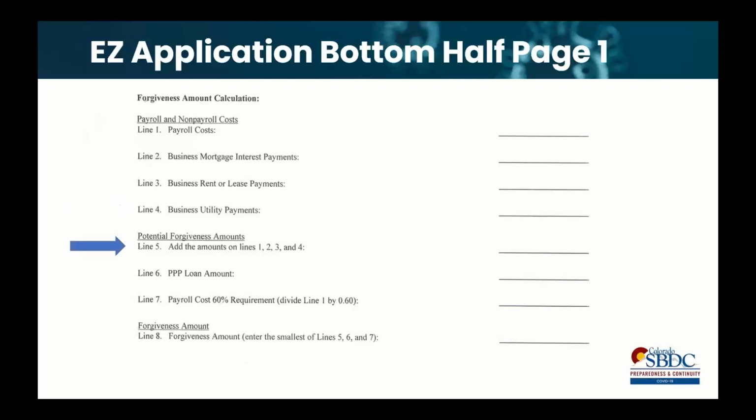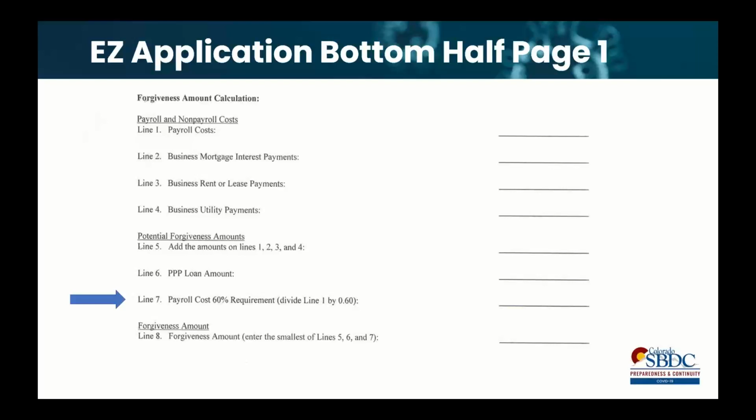In line 5, we add up lines 1 through 4. In line 6, we enter the amount of our PPP loan. In line 7, we divide our payroll cost on line 1 by 0.6 or 60%. This is a threshold. We must spend at least 60% of the amount forgiven on payroll.